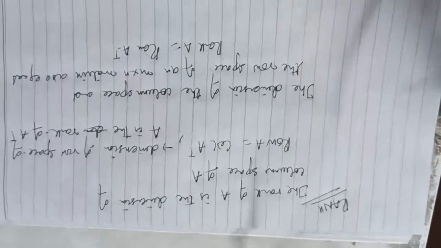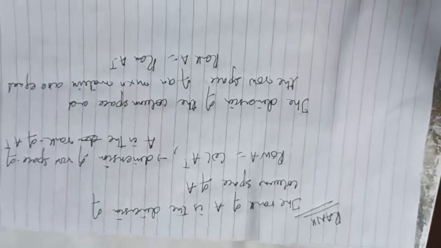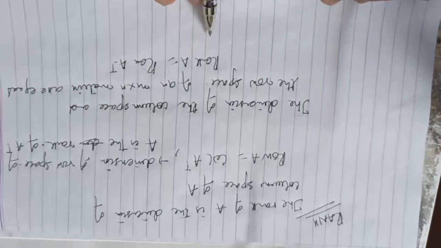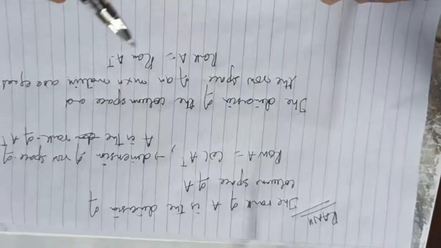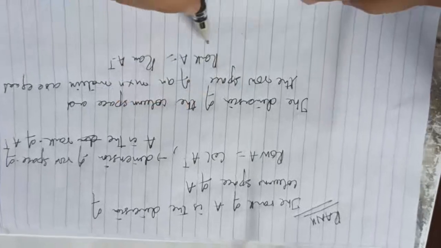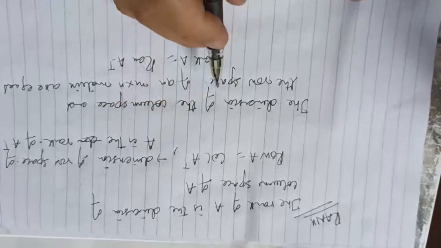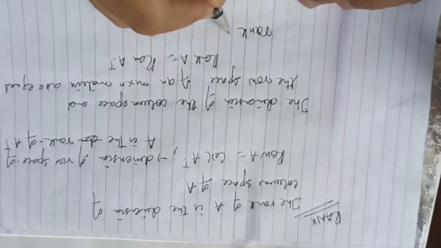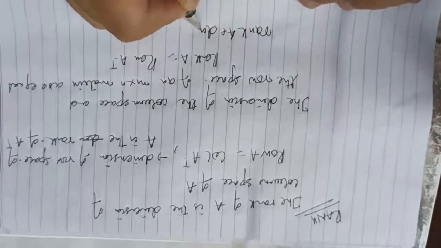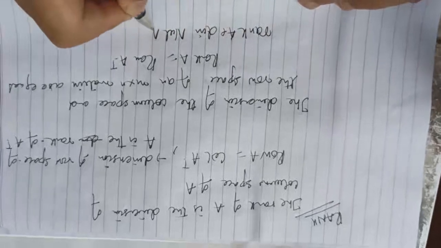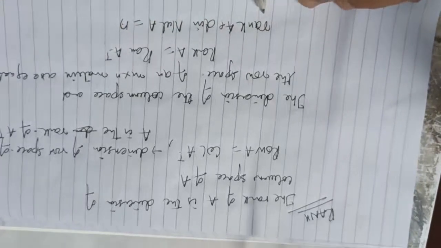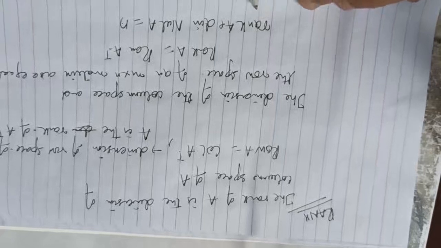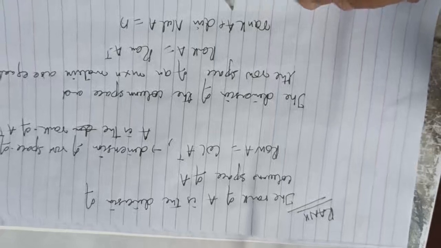Also the rank of A equals the number of pivot positions in A, which is the dimension of the column space. So we can say the rank of A plus the dimension of null of A is equal to n. Rank of A is the dimension of the column space of A, and that is nothing but the number of pivot columns, right?